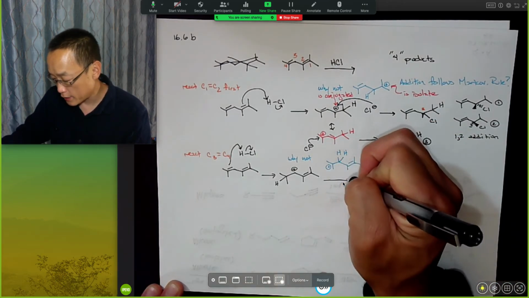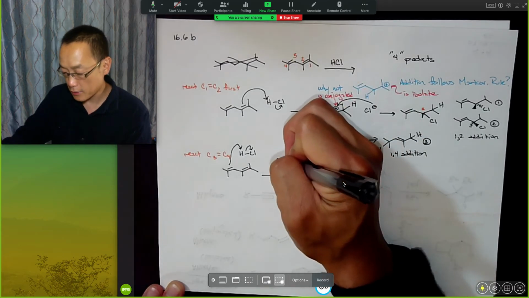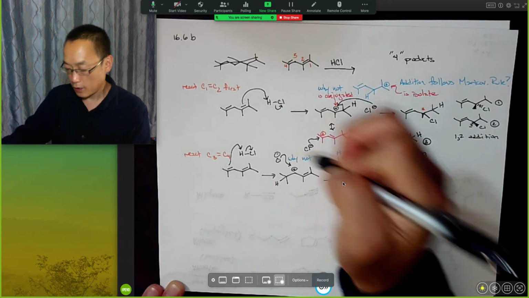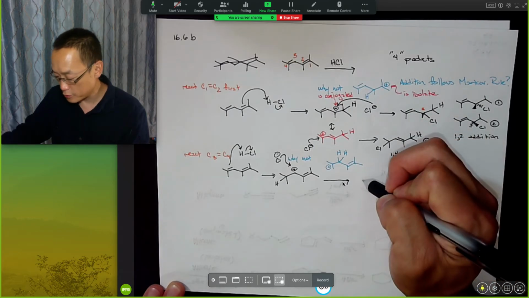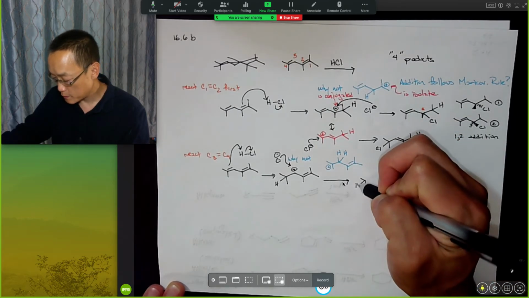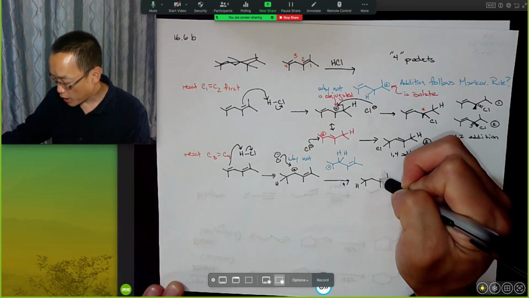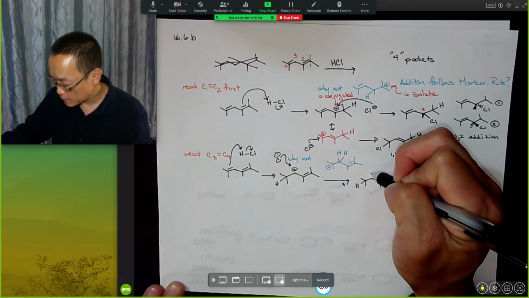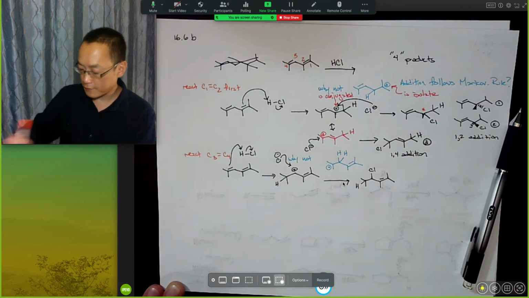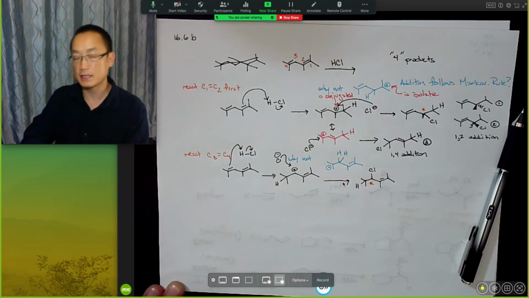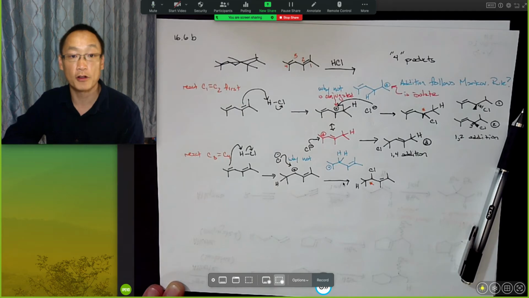Adding chlorine to this right here will produce the following product. But then again, we have to ask ourselves, is that carbon atom chiral? And the answer is yes, it's chiral.